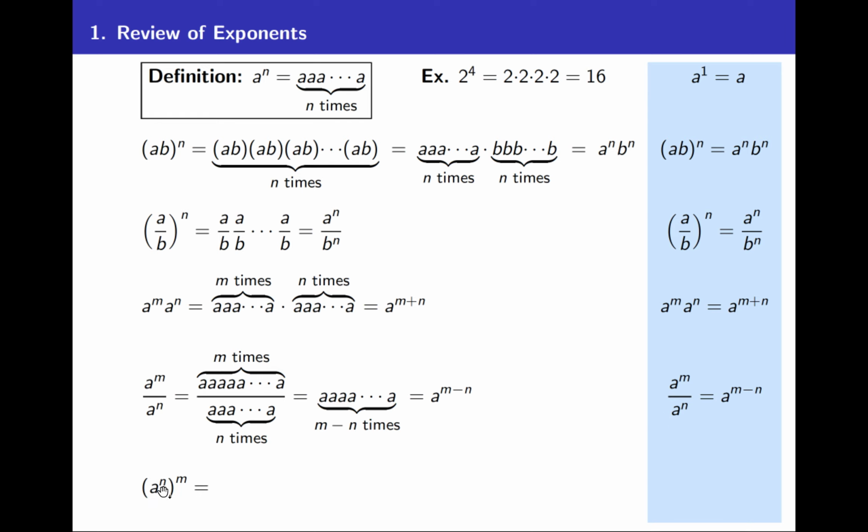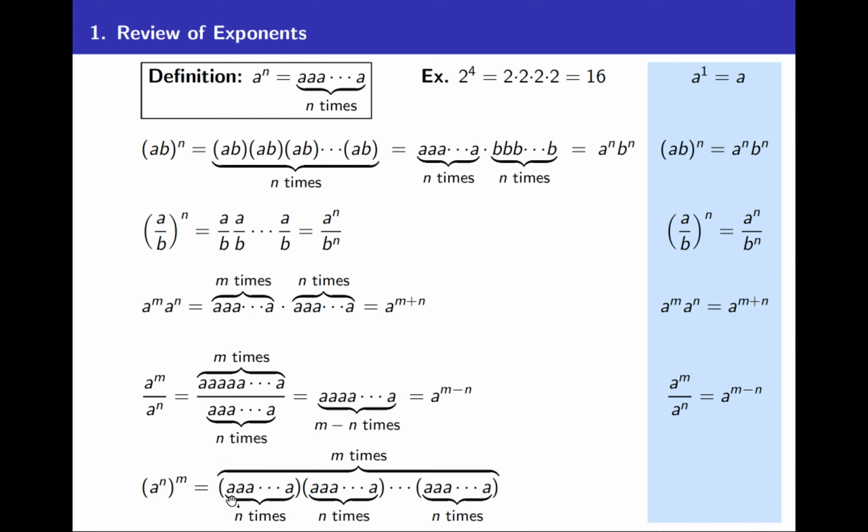Finally, think about a to the n, whole thing raised to the power of m. That would be a to the n times itself m times, and a to the n is a times itself n times, giving you a times itself n times multiplied by itself m times. How many a's do we have altogether?